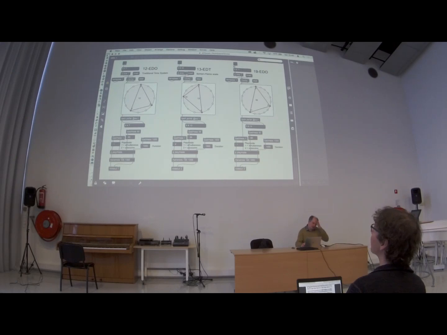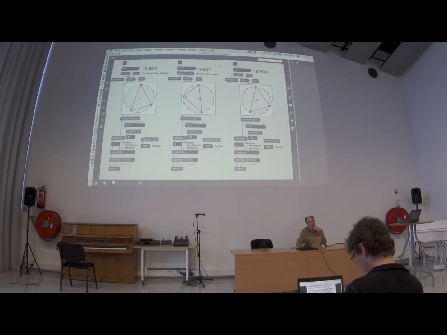The difference is quite small. If you don't listen carefully, then you don't recognize it. If you listen and concentrate on the third, then you hear that the third is much cleaner. Maybe string players will play it more like this than like this. Yes.